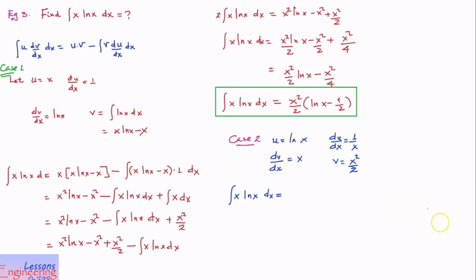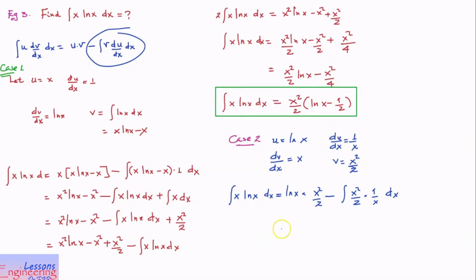So our u is ln x this time, times our v, which is x squared over 2, minus the integral of v times du by dx. So the integral of v, which is x squared over 2, times du by dx, which is 1 over x, dx.